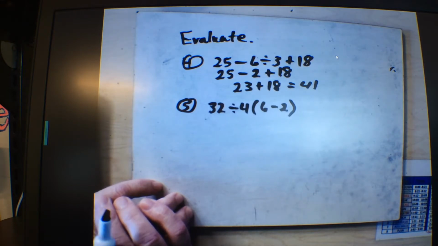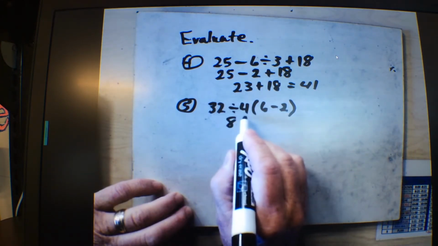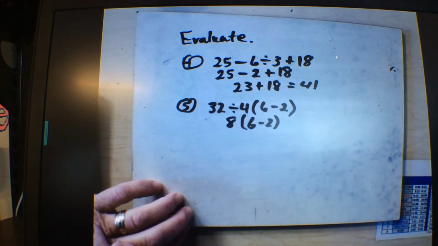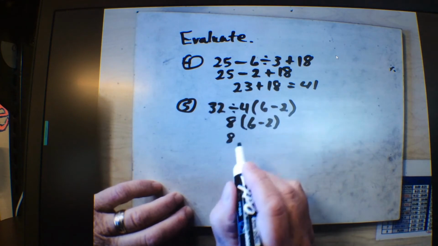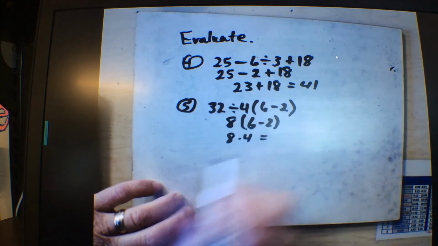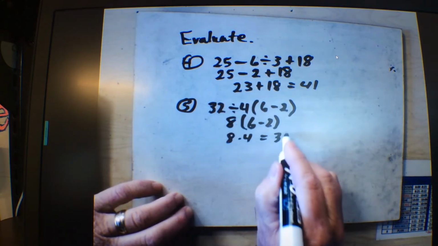So what do I do first? 32 divided by 4, which is 8. So now I have 8 times 6 minus 2. Now, what should be done probably before that? Parentheses. But does it matter in this case? No. So what is 6 minus 2? 4. So now I have 8 times 4, which is what? 32. Chuck, do you have any questions about that?